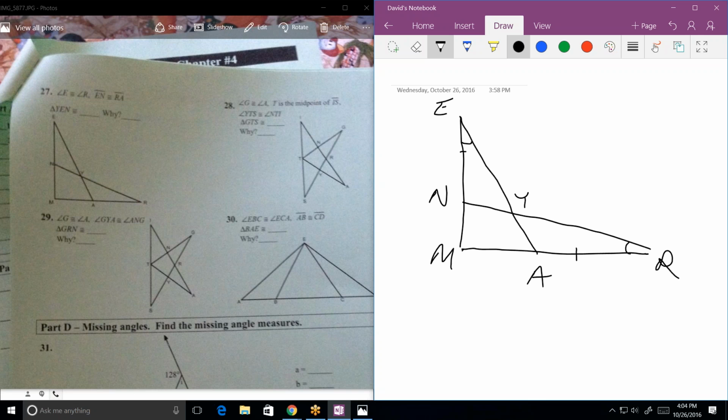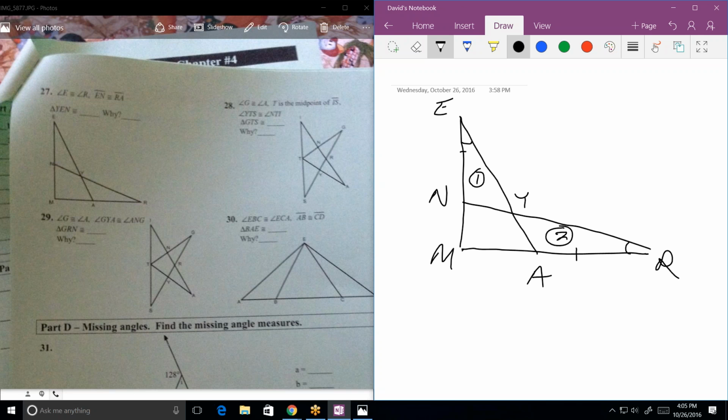And they want to prove that YEN, this triangle right there, is congruent to YRA, because that's where we have all of the information.